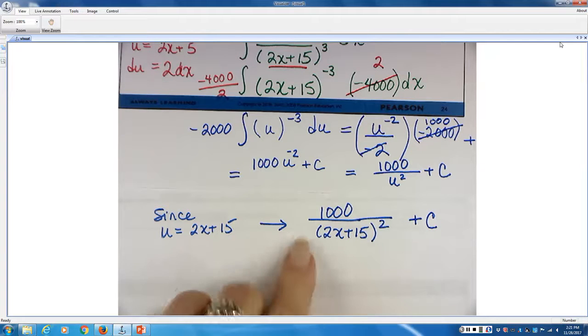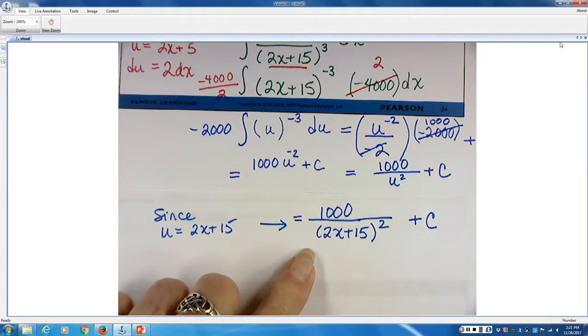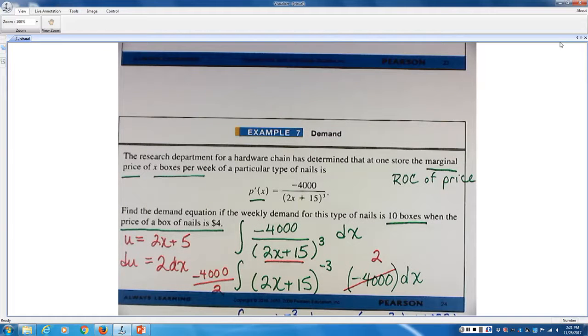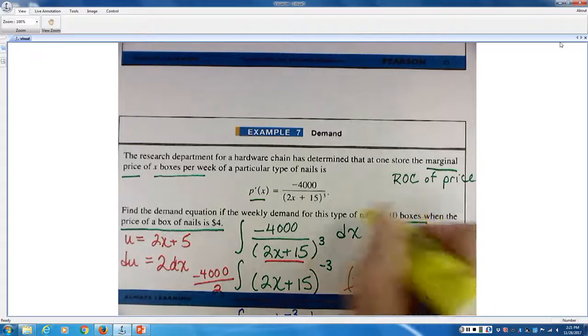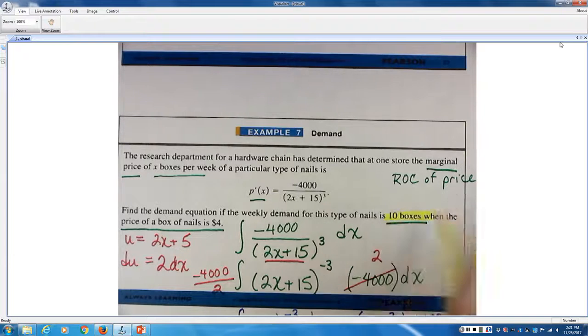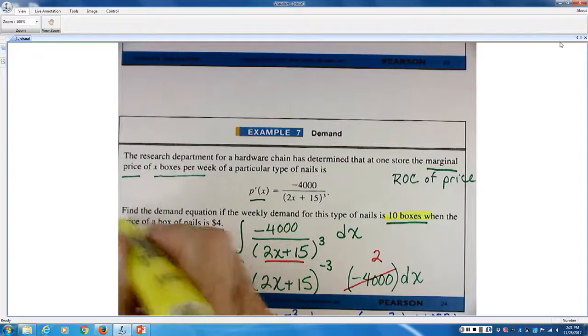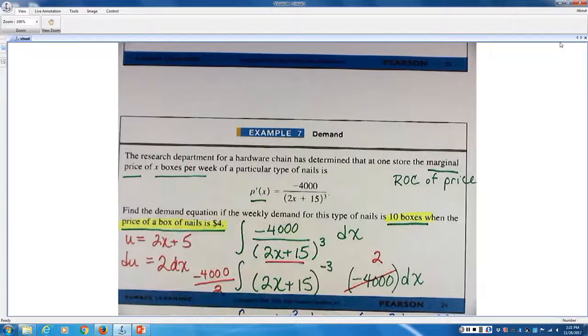So there is the final form of our integral, and this is actually the demand equation, except we don't know what the constant is. But what we do know, if we go back to the problem, is it says that 10 boxes is the demand when the price is $4.